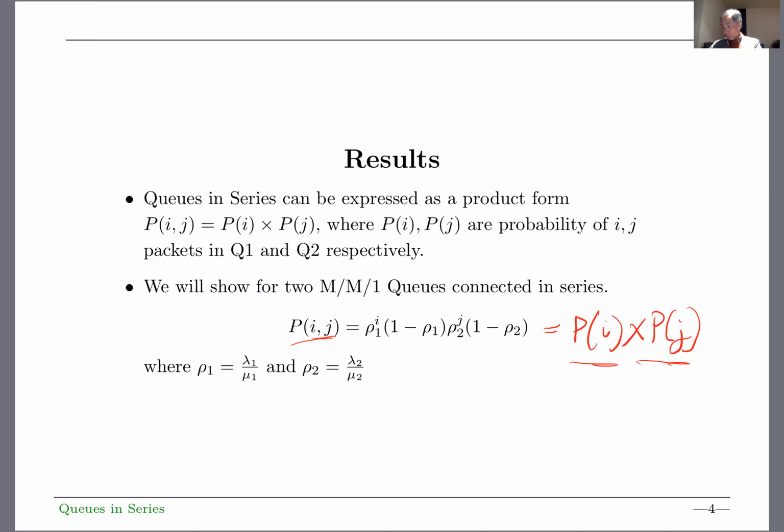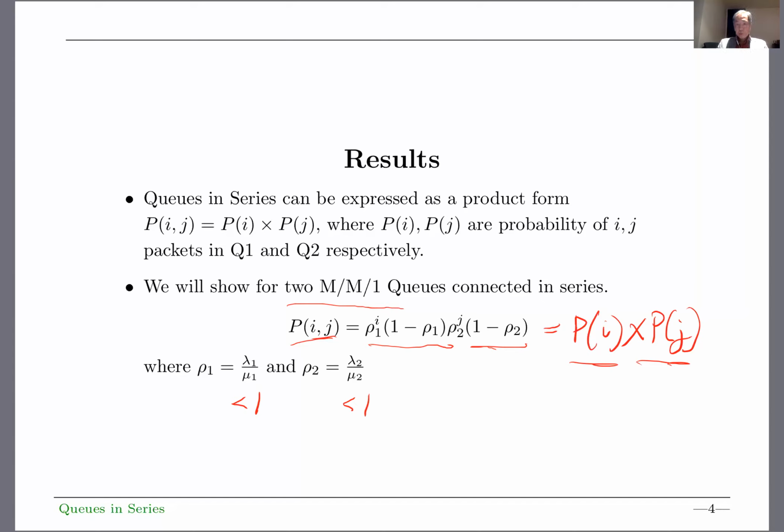More than that, if there are two M/M/1 queues, the M/M/1 result holds. When does it hold? It's very simple: when rho 1, from lambda 1, is less than 1, and rho 2 is also less than 1.